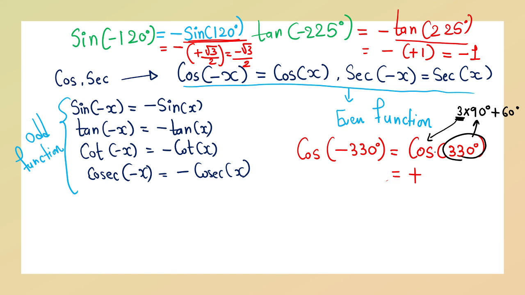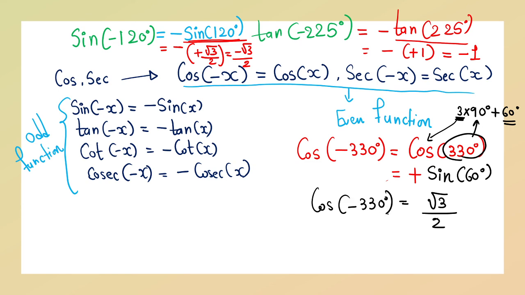So this cos becomes, since cos already has co inside it, I remove that co, it becomes sine. Sine where? Sine at the remainder, that is 60. So what is your answer? Sine 60 degree is root 3 by 2. So cos of minus 330 degree is root 3 by 2.